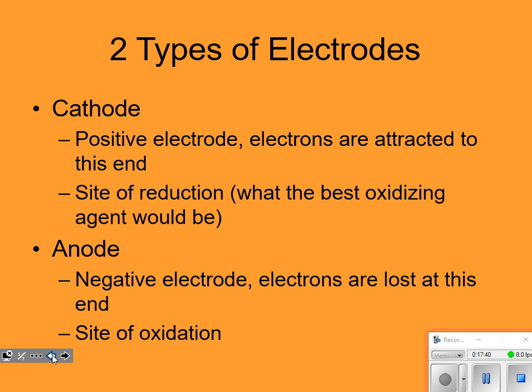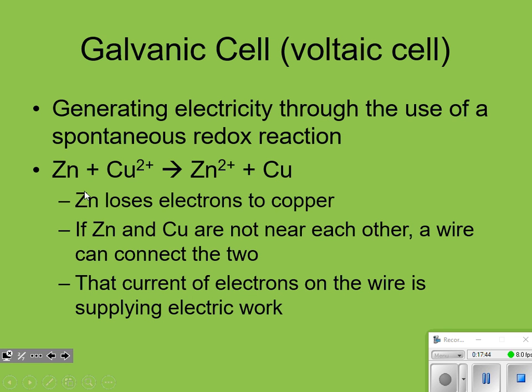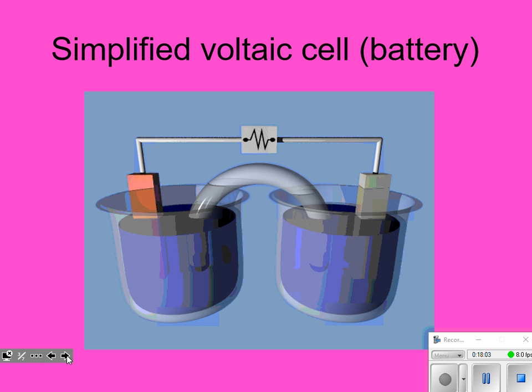But if I go backwards here, I started with this reaction. Zinc loses electrons to copper. If zinc loses electrons, it was oxidized. Are we okay with that statement? Copper gains electrons, it's reduced. So if I look at my picture, here's my copper strip right here.